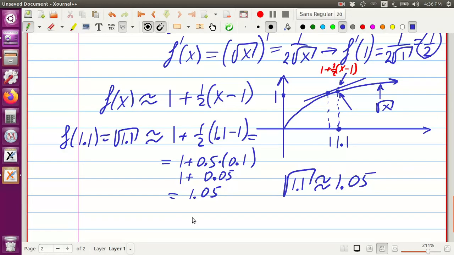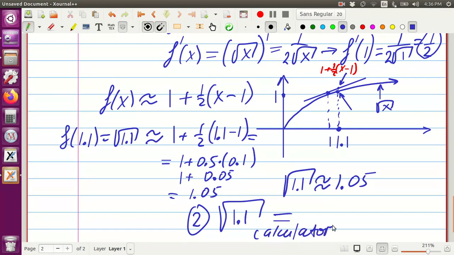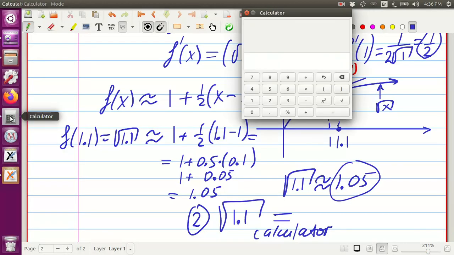So now we're going to accomplish part 2 of this. We take the square root of 1.1 and use a calculator to calculate it and compare it to the answer from part 1. So let's do that. We enter 1.1 and take the square root.